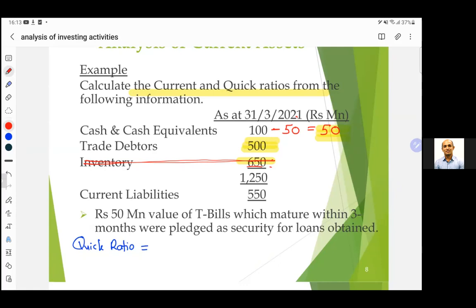Like soap. Think about a supermarket. Soap is moving very fast. Vegetables are moving very fast. So essential consumable products are moving very fast.